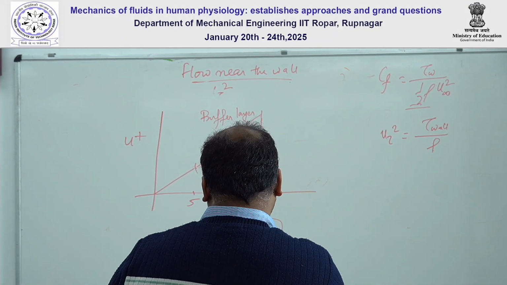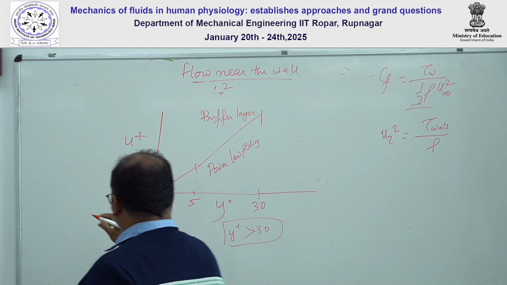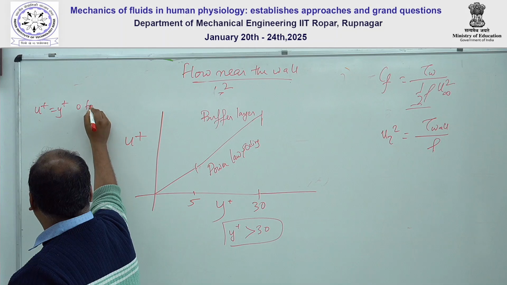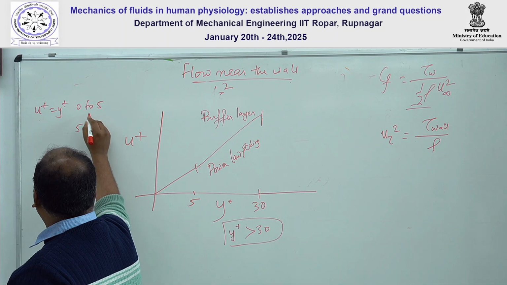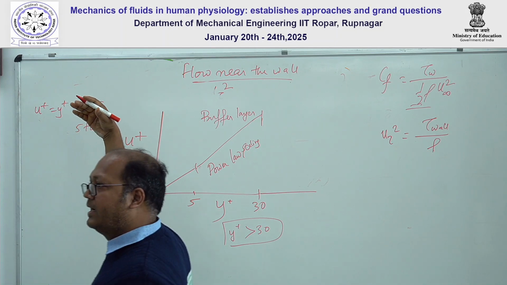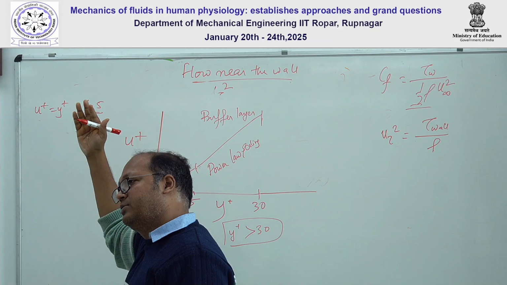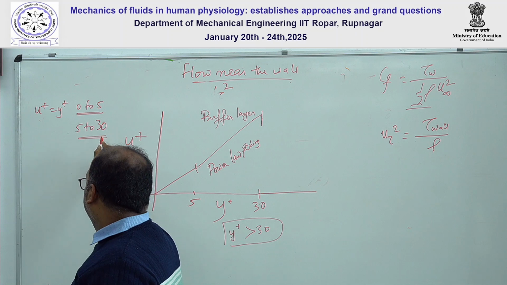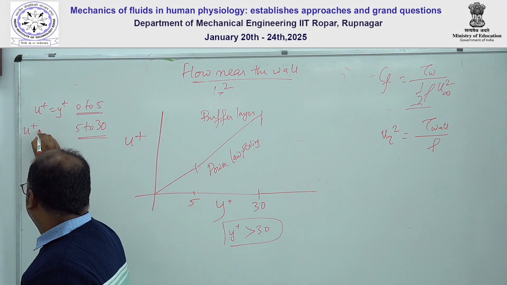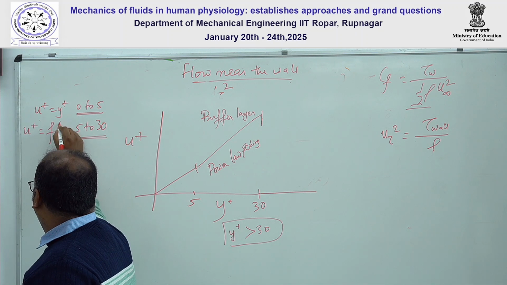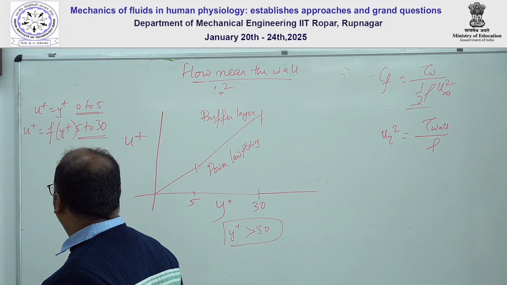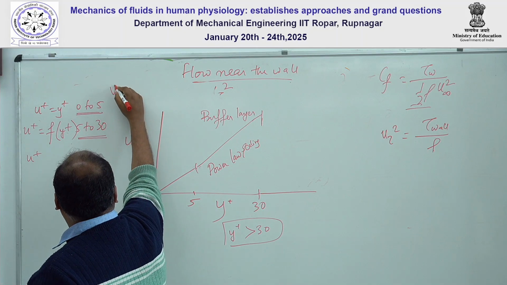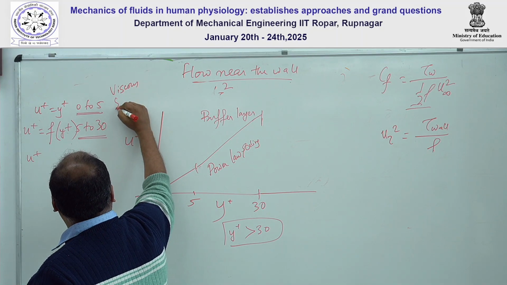So in this region, let me write down u plus equal to y plus, for y plus from 0 to 5. These are most frequent values, not necessarily exactly 5; these are approximate observations. Let's write in this region u plus equal to f of y plus, and this is the viscous sublayer.